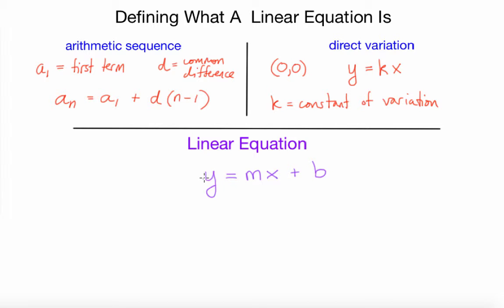So y, just like in direct variation, is our dependent variable. We're trying to see how y gets affected by what is happening here. We're always changing our value x, which is the independent variable.